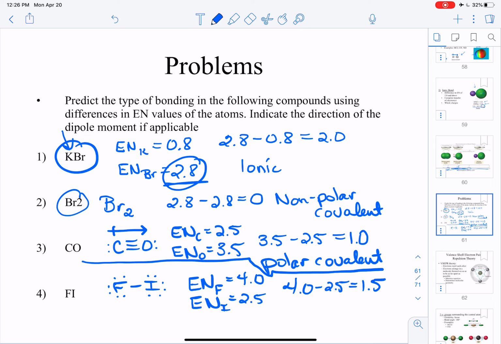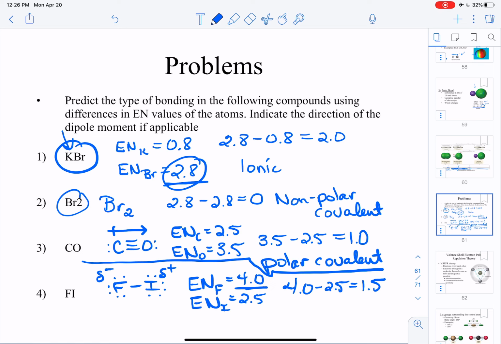Now, which side of the molecule, the fluorine on the left or the iodine on the right, is pulling the electrons towards itself more? The fluorine, because it is more highly electronegative, so it will be hogging the electrons. And if we create a partial negative on that side of the molecule, we must have created a partial positive on that side of the molecule.